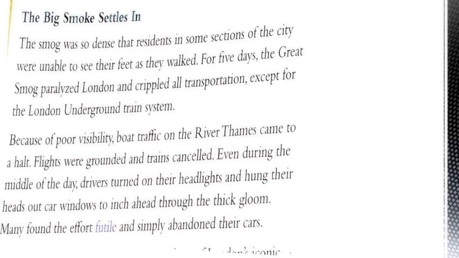The residents in some sections of the city were unable to see their feet as they walked. For 5 days, the Great Smog paralyzed London and crippled all transportation except for the London Underground train system. So what did the author write here? The smoke was so dense, that means so solid.